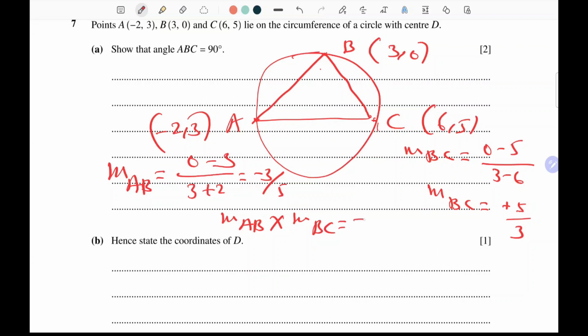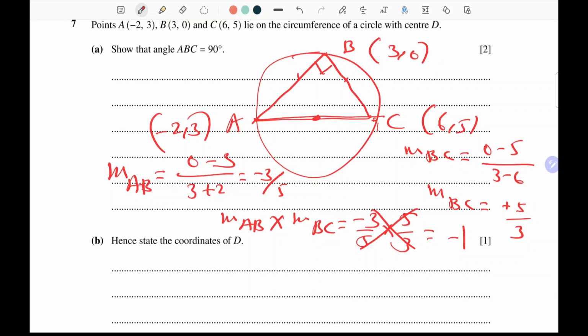Minus 3 over 5 times 5 over 3 cancels, we got minus 1. Great. So guys, the product of gradients is minus 1, so these two lines are perpendicular. And if it is perpendicular, guys, then AC is the diameter.